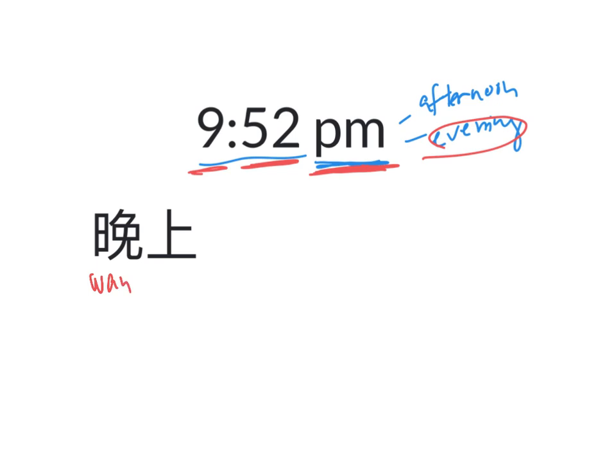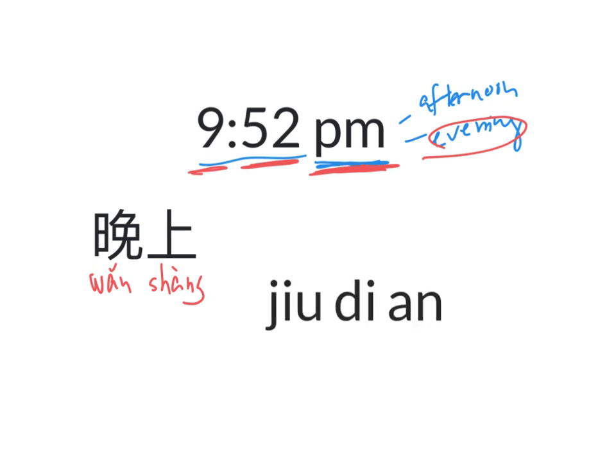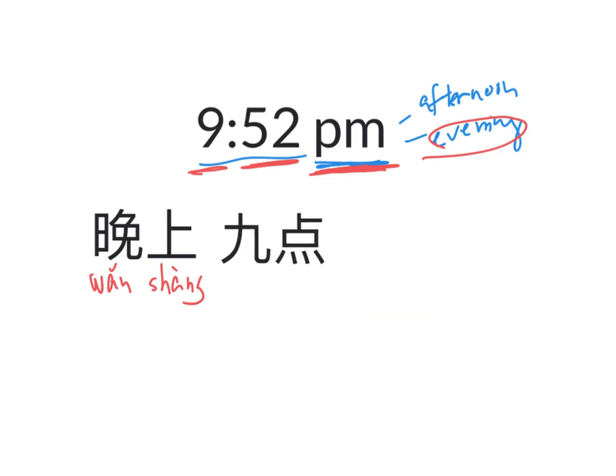Let me just type the pinyin. So that's evening. Next, we have to type the hour. What hour is it? We have 9, so we have 9点. This is the pinyin for 9点.